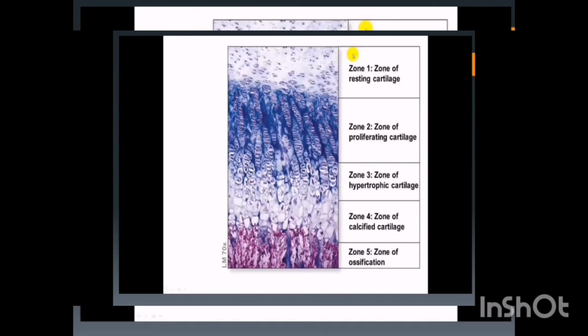Here the walls break down between the lacunae in the columns and the spaces are invaded by capillaries and osteoprogenitor cells, which are cells that will give rise to osteoblasts or osteoclasts.